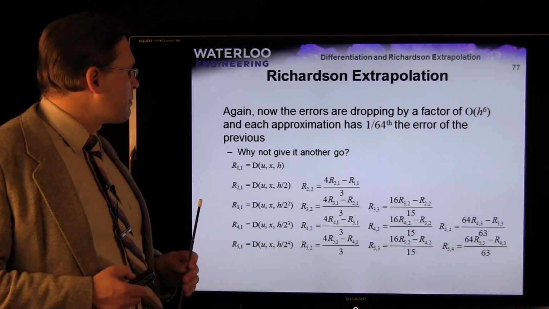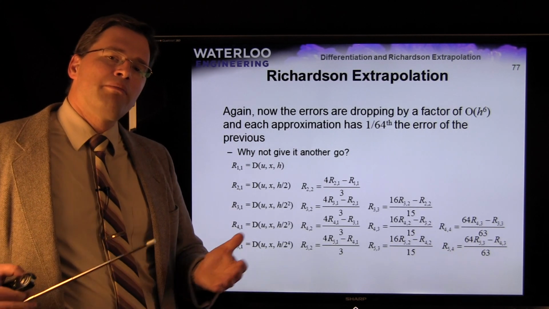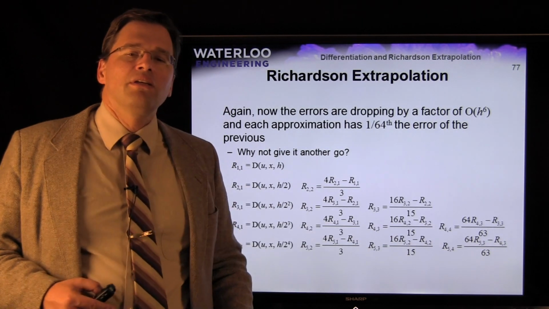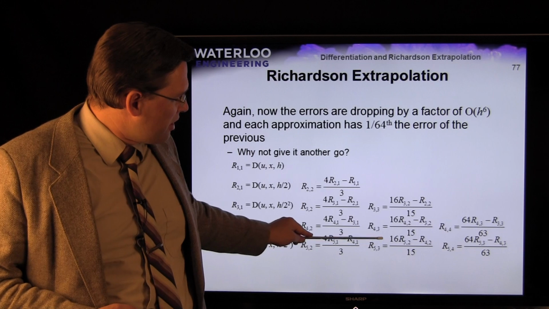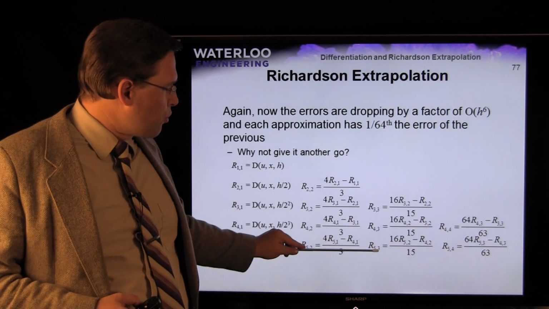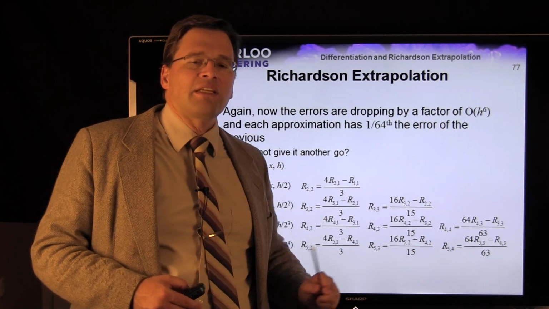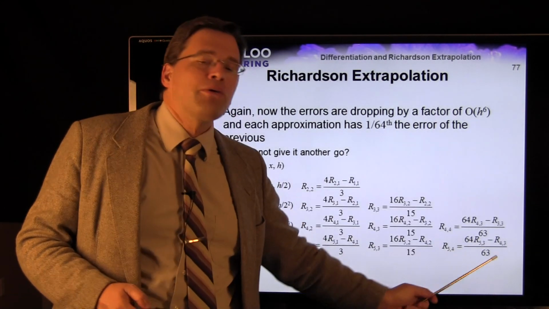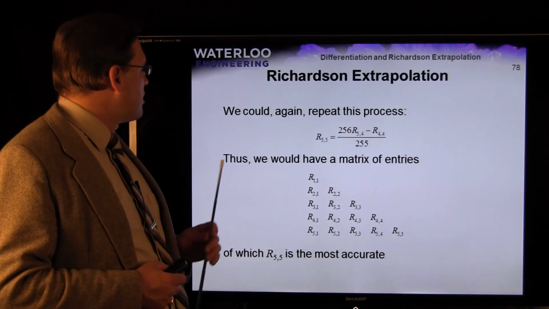We can repeat the process again with the centered divided difference formula. The next error term is h to the 6th. So once again, we can get rid of that by taking this value here, multiplying it by 2 to the 6th, or 64, subtracting off the less good approximation, and dividing by 63. Ultimately, we can do the same thing here again. Now the error term is h to the 8th.